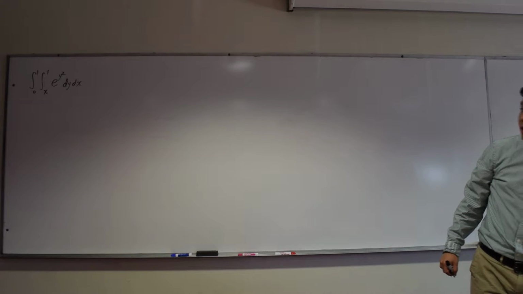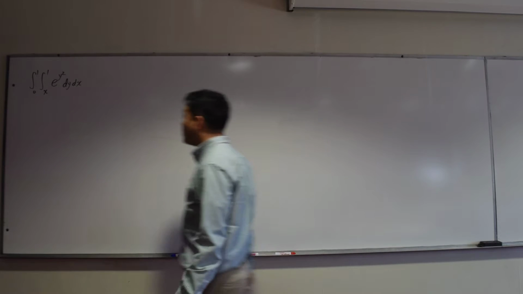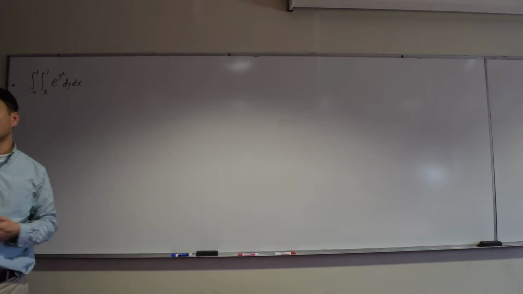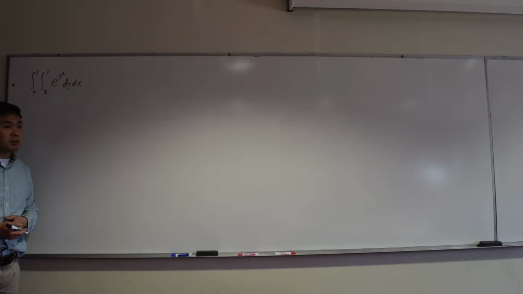This integral cannot be calculated as it is, because the integral of e to the y squared does not come out to be any of the functions that we know, like sine, cosine, exponential, any trigs or anything. If you use some computer algebra system, it will give you the error function, but that's not something that we know about. So it cannot be integrated as it is.